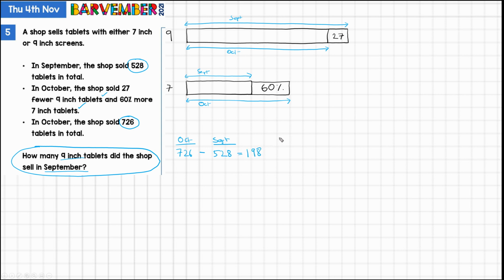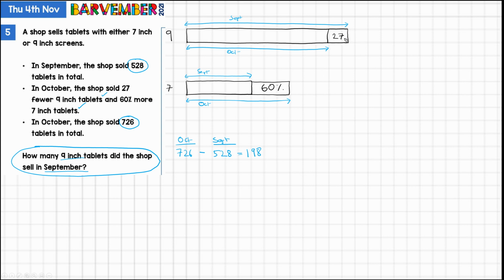Now, that doesn't help us just yet, because of the way I've drawn it, and also we've got two time frames going on here. The reason the difference doesn't help us yet is because we've got two changes. There's an absolute change here of 27, and then here we have this 60% increase in sales, this 60% of this amount. We don't know what this is, so we can't work this out.